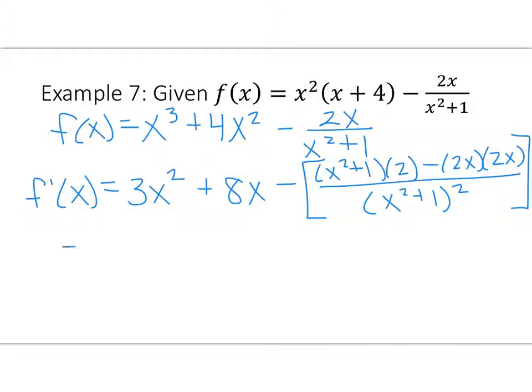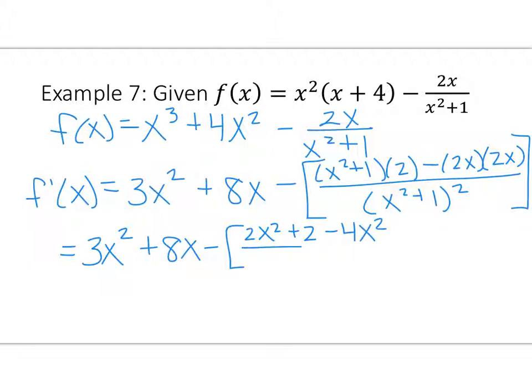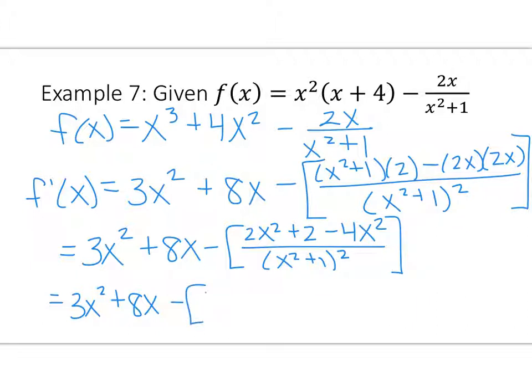So now we're just going to simplify. The calculus parts are over; we're moving on to algebra now. So 3x squared plus 8x minus, I have 2x squared plus 2 minus 4x squared, all over x squared plus 1 squared. So now I have 3x squared plus 8x minus negative 2x squared plus 2 over x squared plus 1 squared.